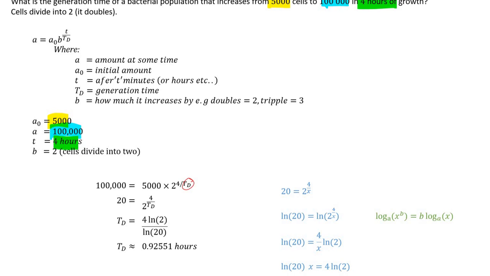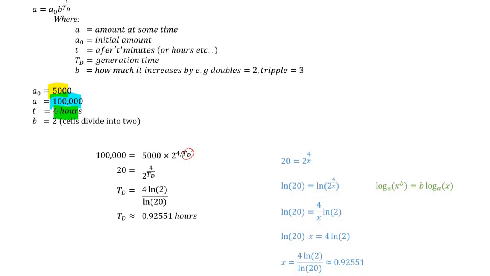Okay, if we just look at this portion here for the moment, we divide throughout by 5,000. That gives us 20 equals 2 raised to 4 on TD.